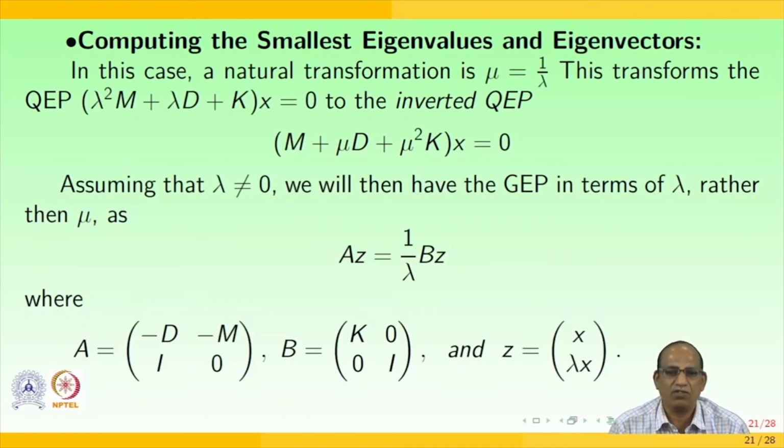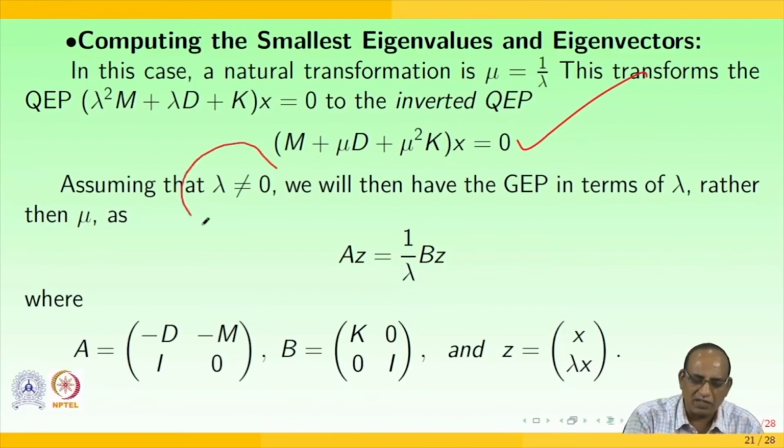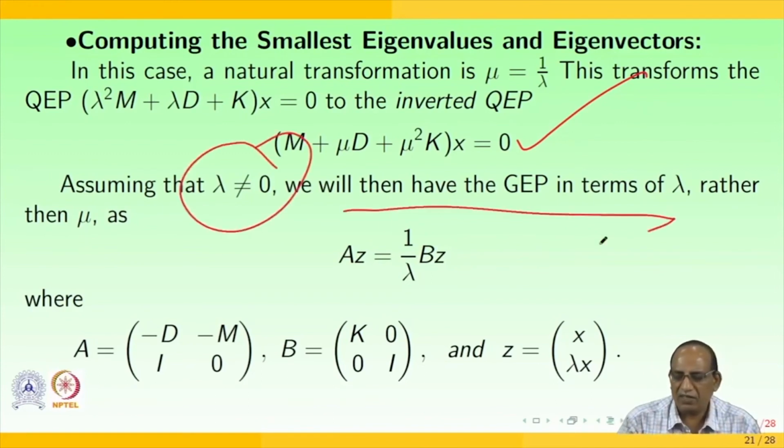This transforms the QEP, lambda squared M plus lambda D plus K of x equal to 0, into the inverted QEP, that is, M plus mu times D plus mu squared K of x equal to 0. Assuming lambda not equal to 0, we then have the linearization in terms of mu.